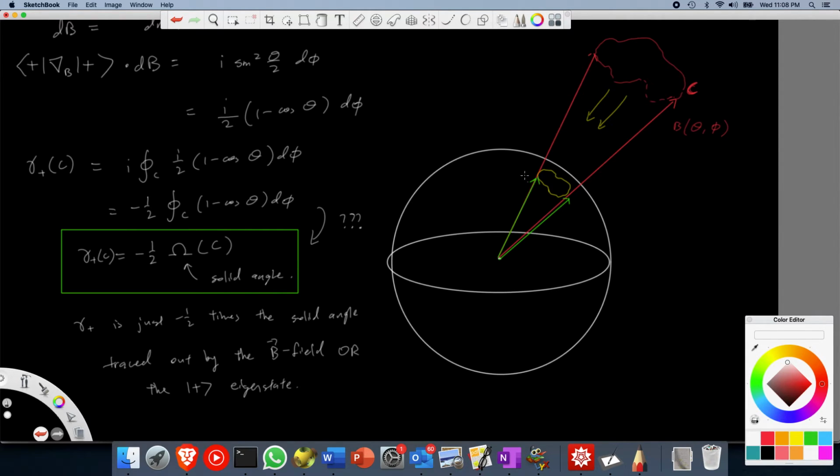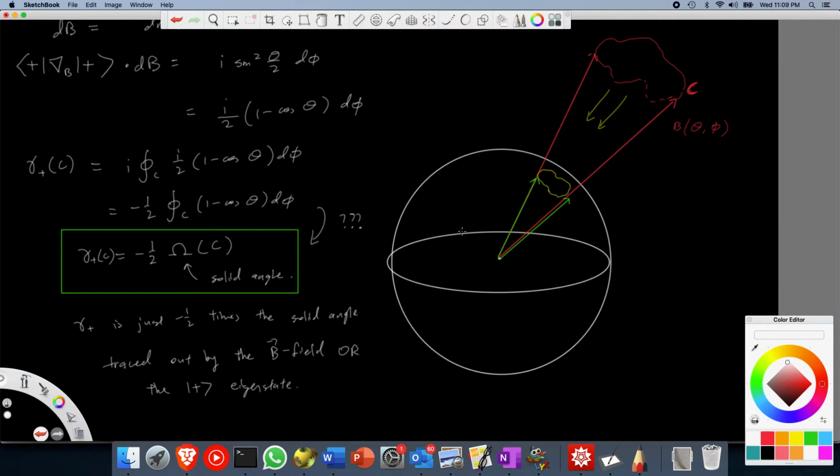The Bloch sphere first allowed us to translate the two-component complex vector to a three-component real vector, which lives on the surface of the Bloch sphere. It gives us that nice picture where the plus eigenstate aligns with the magnetic field, and secondly, it gives us a visualization of what the Berry phase of a plus eigenstate looks like.